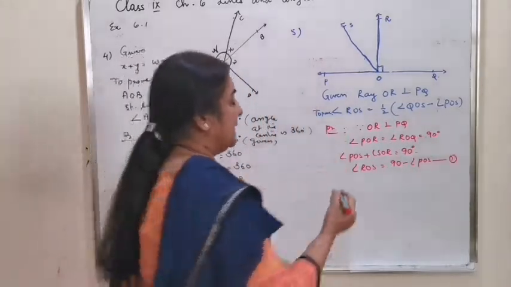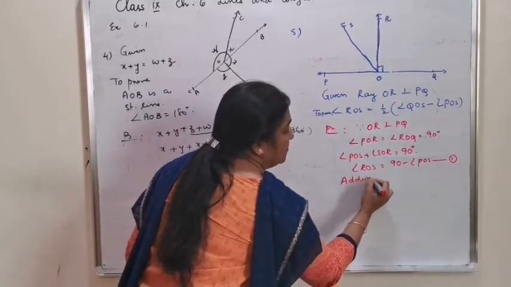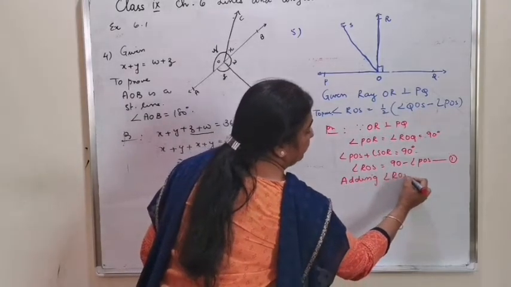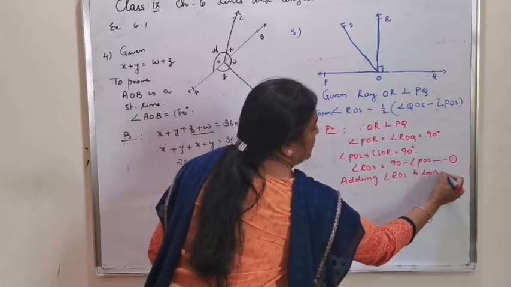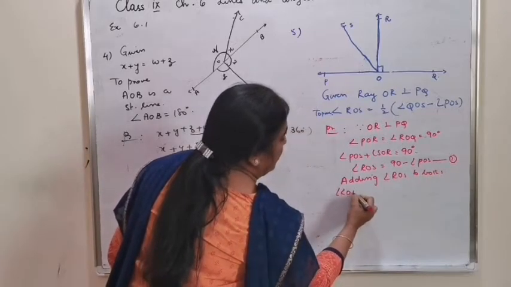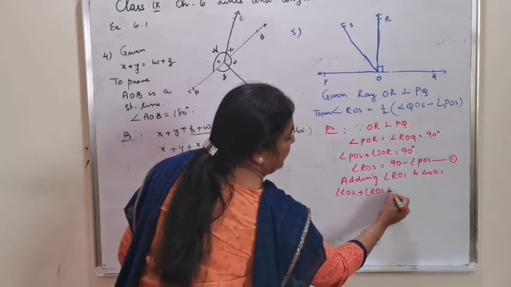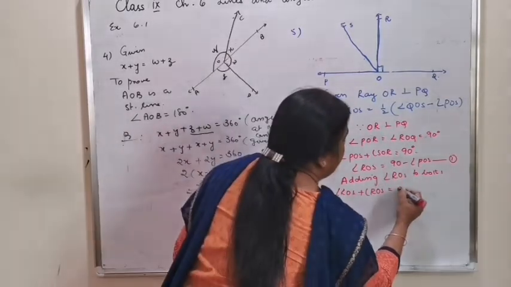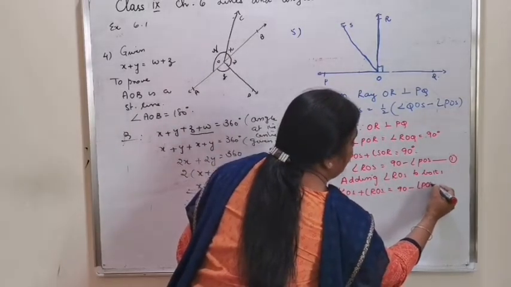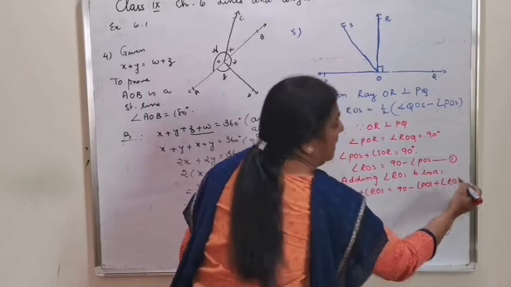Now, adding angle ROS to both sides, we are getting angle ROS plus angle ROS is equal to 90 minus angle POS plus angle ROS.